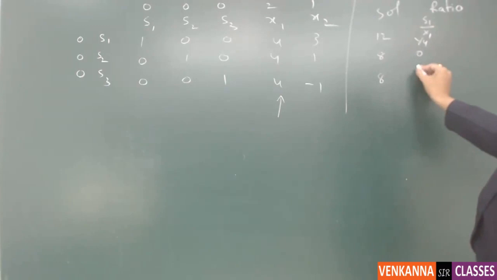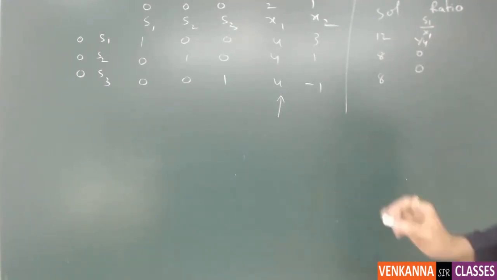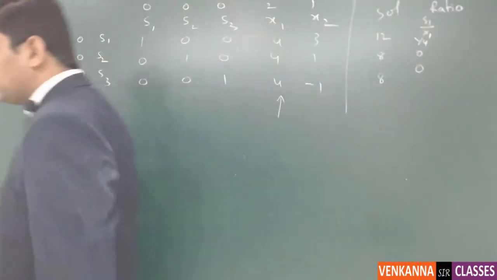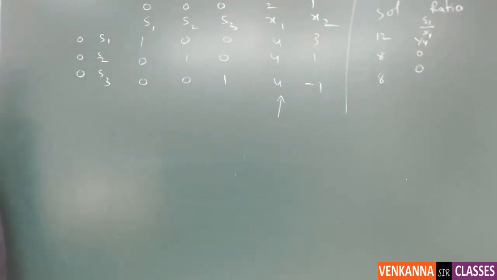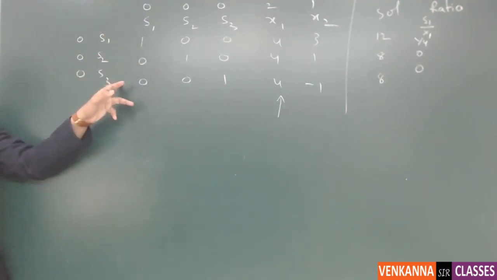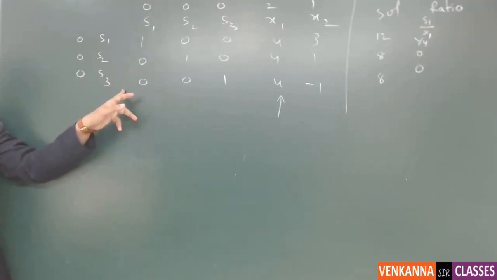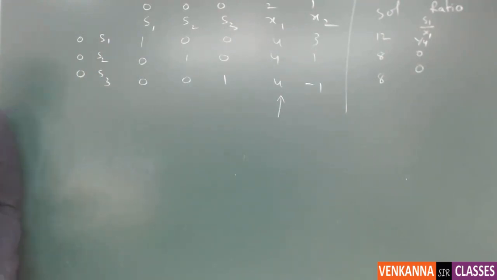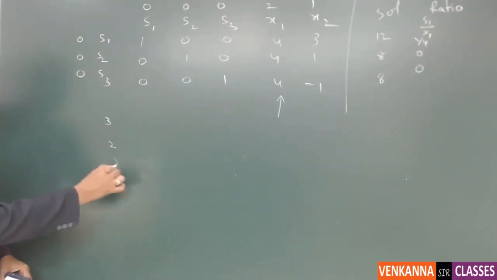0, 0. Now I want to mention one thing: in the previous table, the tie happened between which variables? Can you say? S2 and S3, isn't it? So here exactly you have three slack variables: S1, S2, S3. In the previous table, you calculated the ratio. It appeared as 3 to 2.